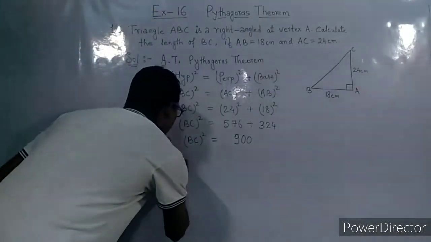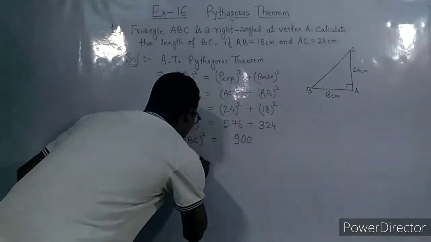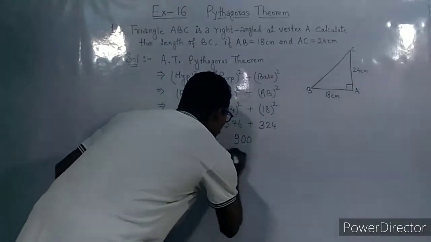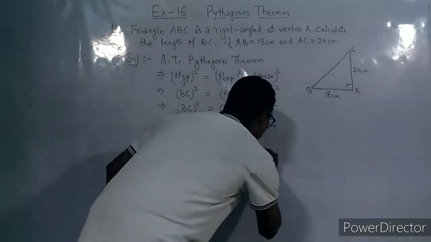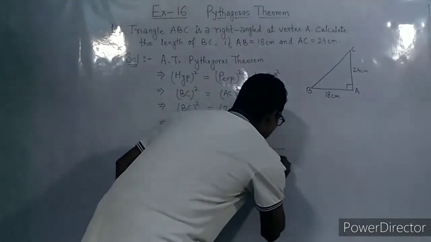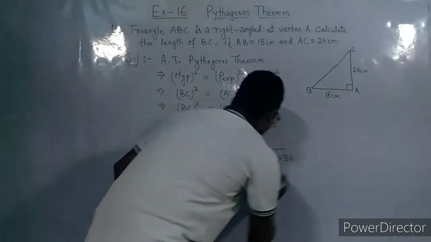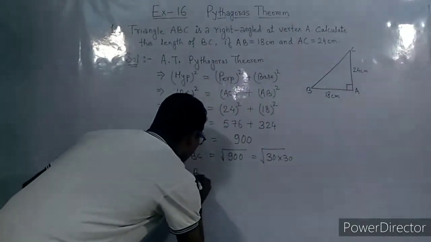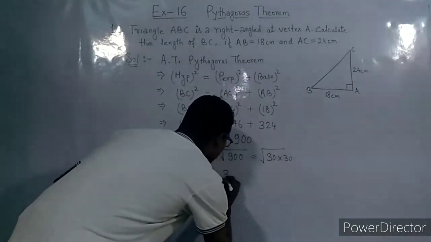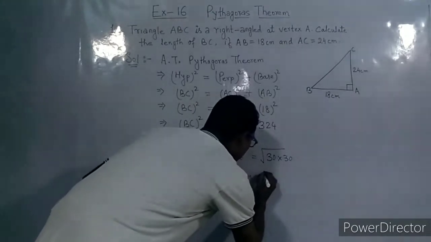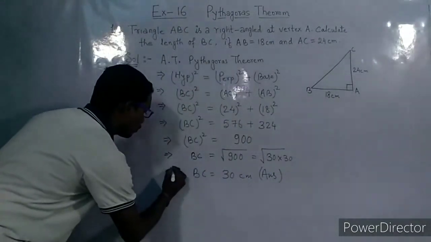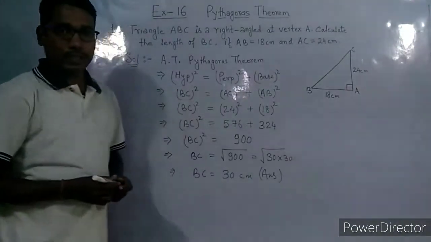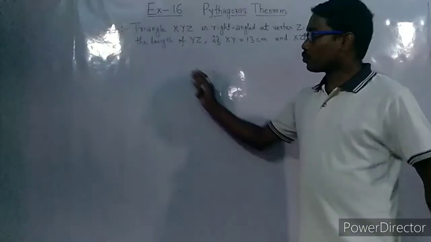So we get BC equal to root under 900, that is root 30 into 30. So BC equals 30 centimeters. This is your answer. I hope this is clear. Let's see the second question.